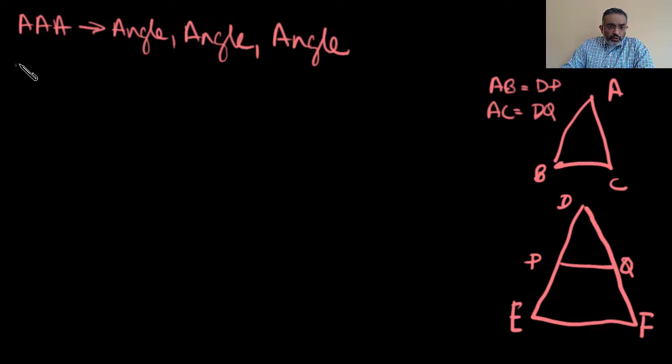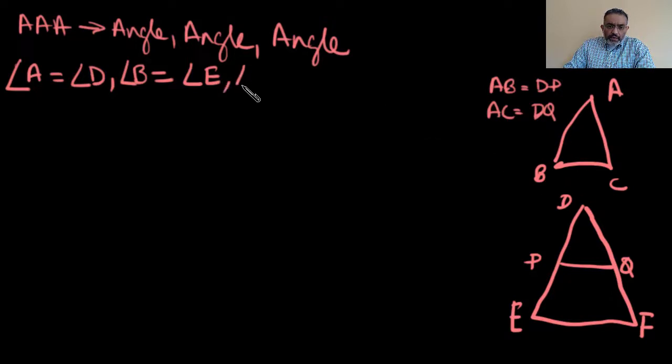Angle A is equal to angle D, angle B is equal to angle E, and angle C is equal to angle F. And now we need to prove that all three sides are proportional. That's how we prove that these two triangles, ABC and DEF, are similar.